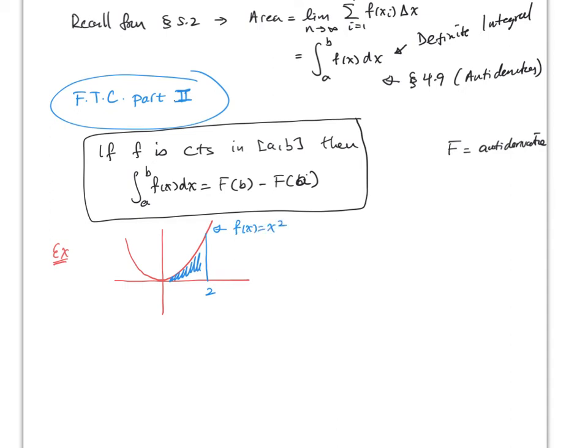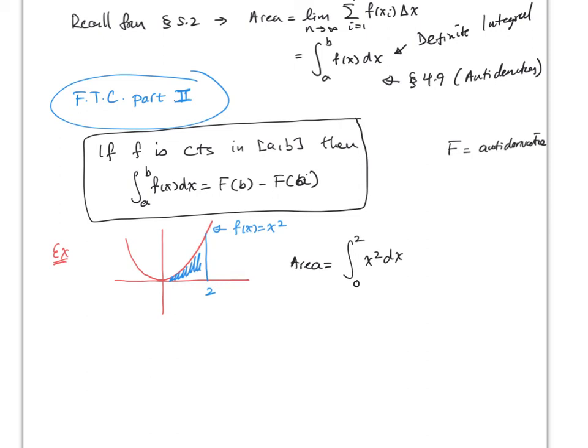So the area is going to be the integral from a to b of x squared dx, where a, remember, is 0 and b is 2. So this is from 0 to 2.